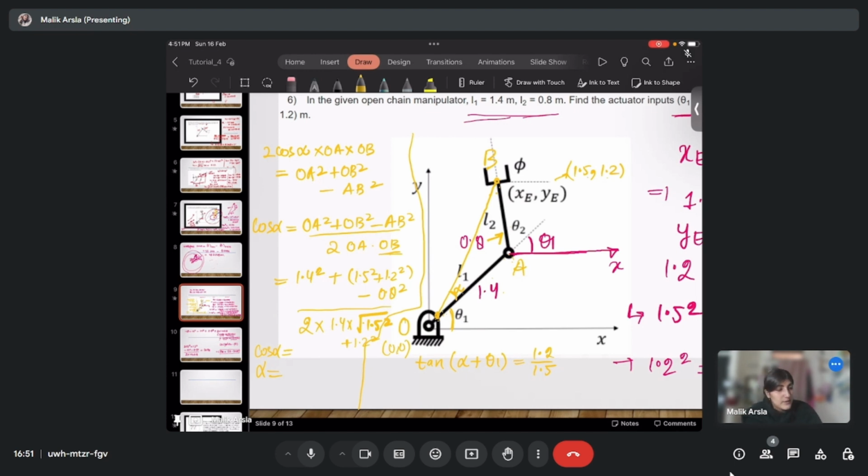Now you calculate it. Let me make it a little bit clearer. So it will be 2 into OA, which is 1.4, and OB will be under root of 1.5 square plus 1.2 square. Now calculate cos alpha.